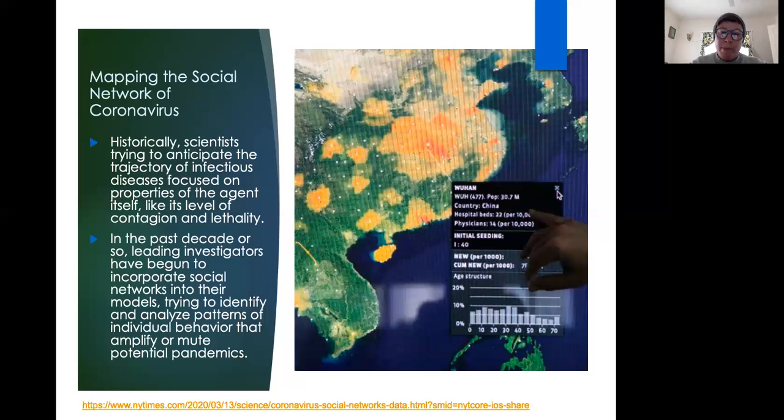So it's very much dependent on how people function, how people move, how people interact.